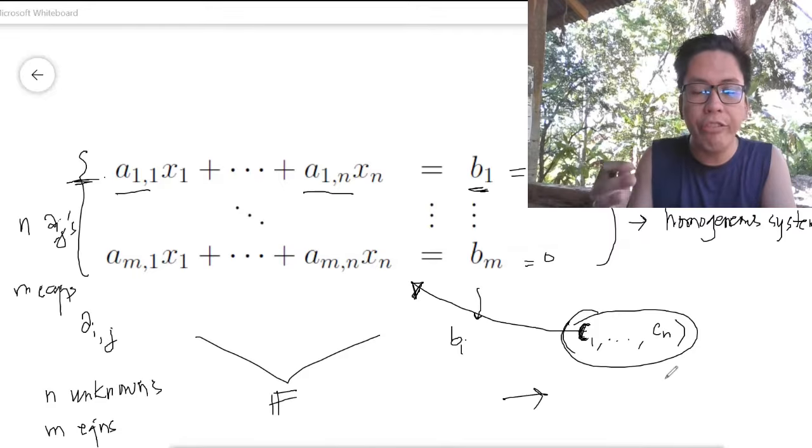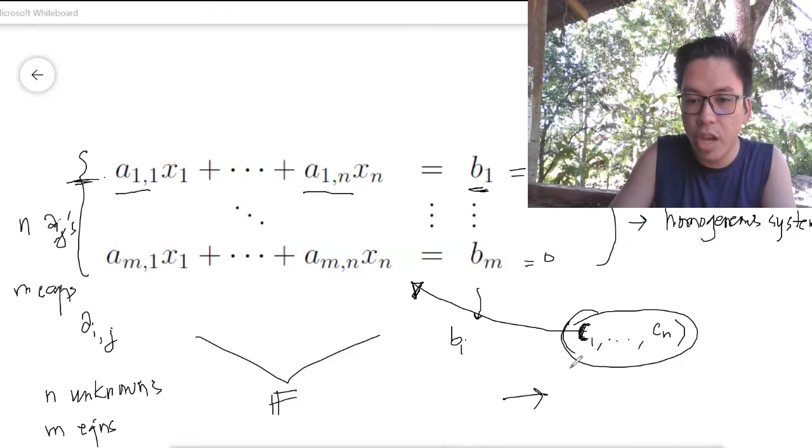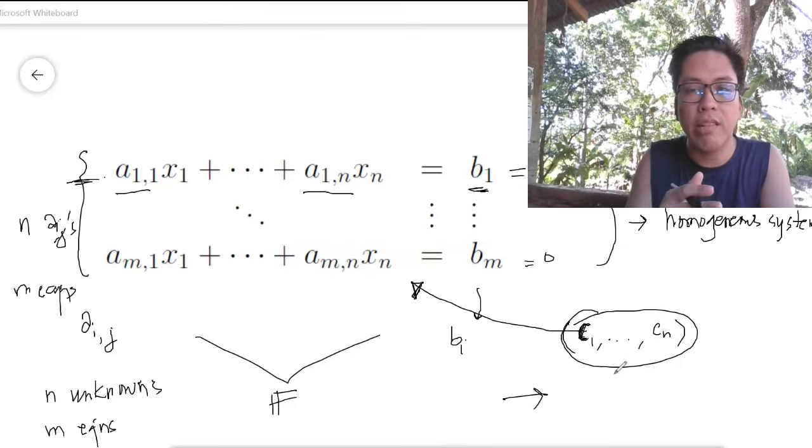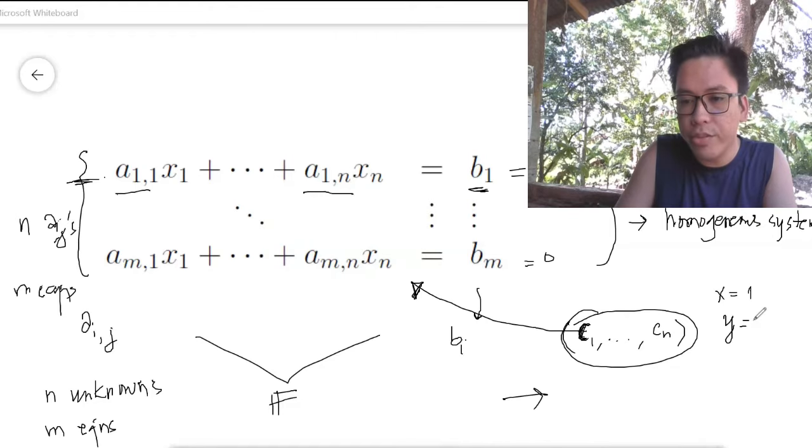Now, if you are asked to find the solution set of your system of equations, I'm going to correct something I noticed in a high school textbook. When the question asks to find the solution set, the key answer would be like x equals 1, y equals 2, z equals 5, and so on.